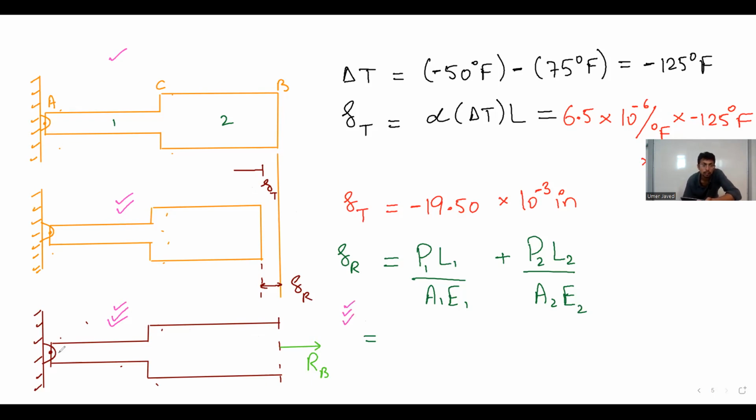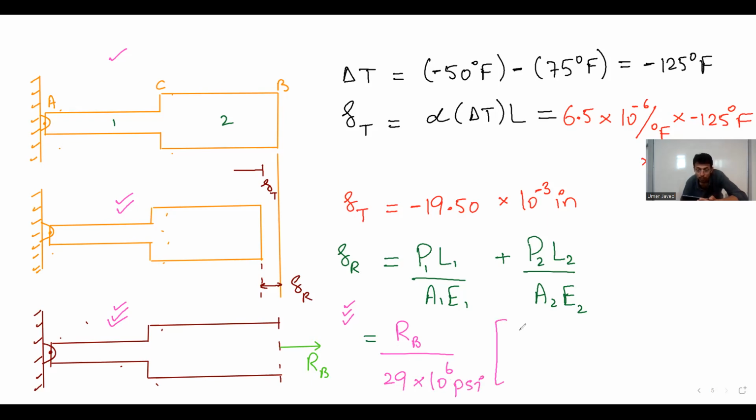If this is RB, then what is this one? This is also RB. So as you keep on cutting, you will only see RB, RB, RB everywhere. So it will be RB into L1 over E1, and E1 equals E2, which is 29 times 10 to the power 6 pounds per square inch.